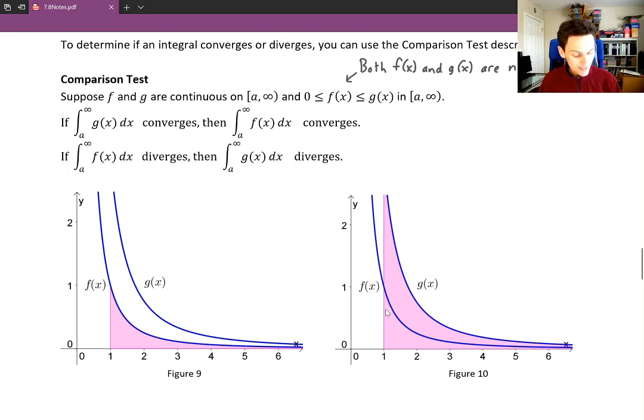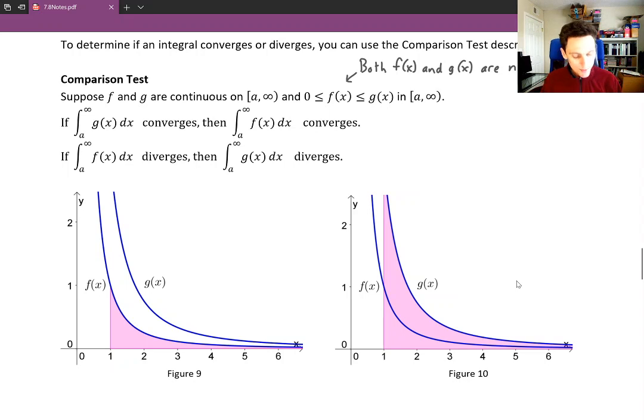So if the integral from 1 to infinity of f of x diverges, like the case was for 1 over x, then a bigger function, like let's say 2 over x, is going to have to diverge as well because there's more area that you're adding under g of x, under the bigger function.